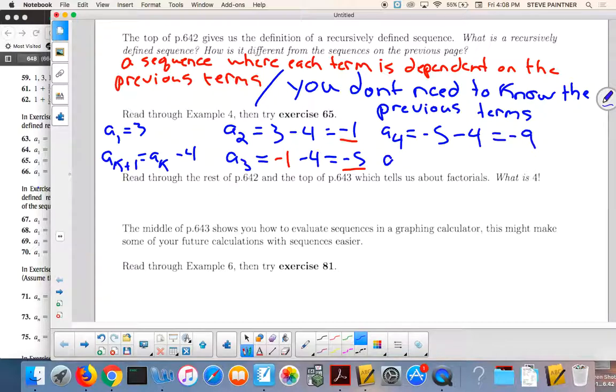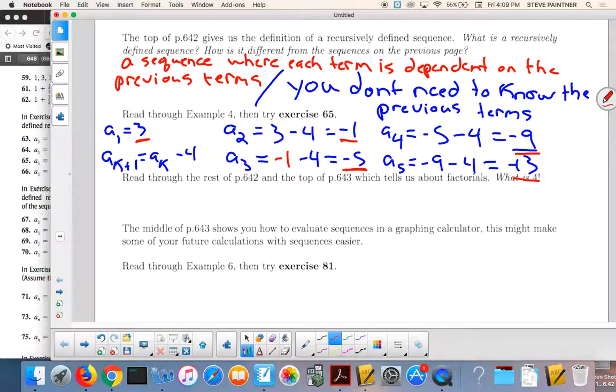And our last term, A sub 5, is equal to the previous term, negative 9, minus 4, which is negative 13. So those are the first 5 terms of your sequence: 3, negative 1, negative 5, negative 9, negative 13. I forgot about A sub 1 back here, which is 3. So the only difference between recursively defined sequences and the first sequences we looked at is that with recursively defined sequences, you need to know the terms before.